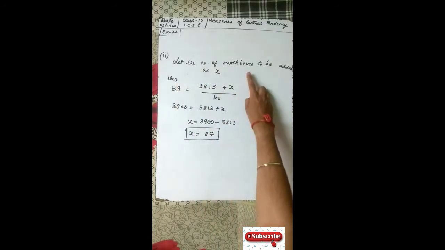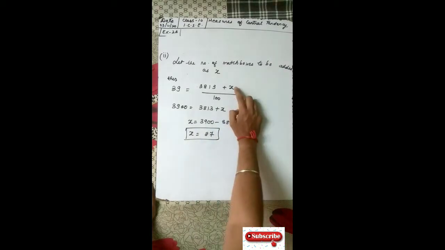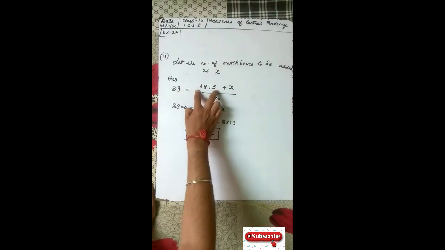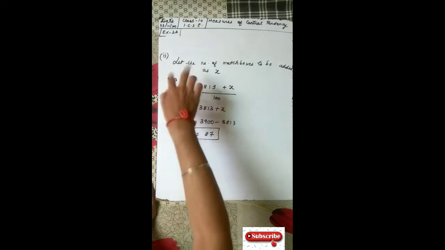Let the number of matches to be added be X. Okay, then we have to make the mean 39. So 39 will be equal to, we don't know how much to be added, so we are considering that as X. The sum we got in the previous calculation was 3813, plus X, upon 100.